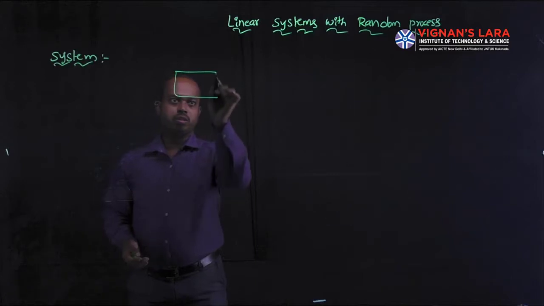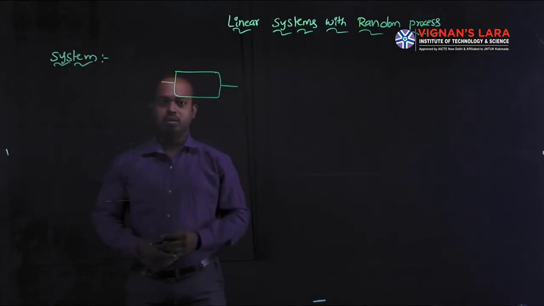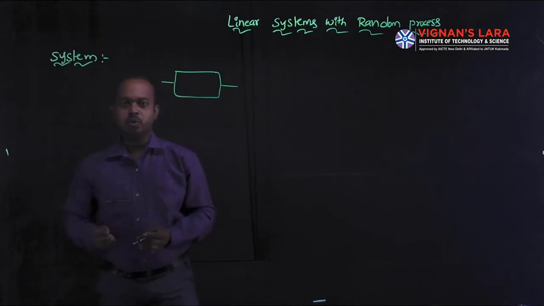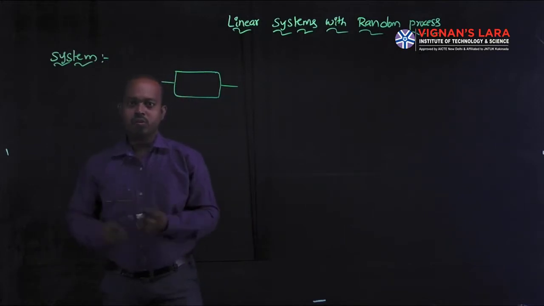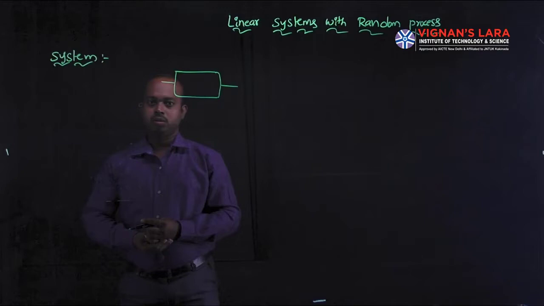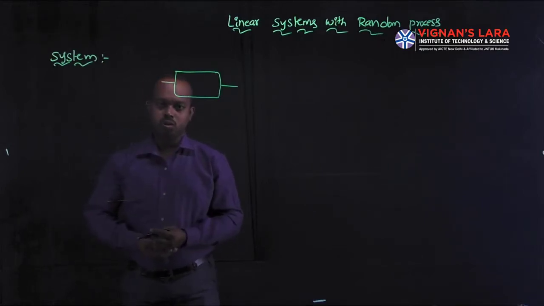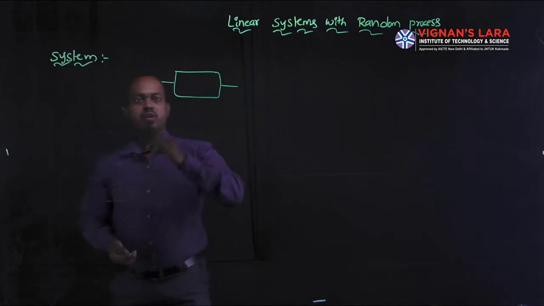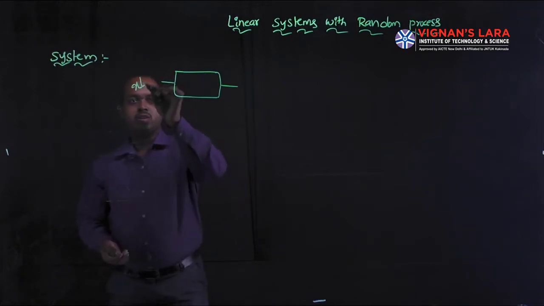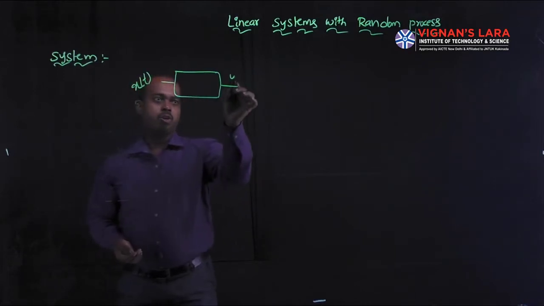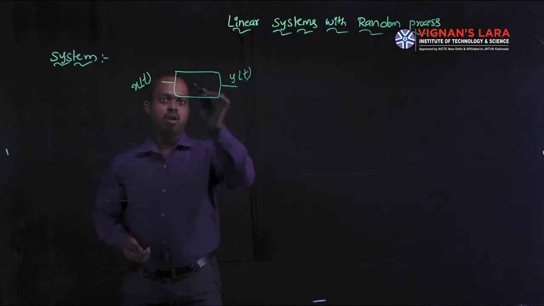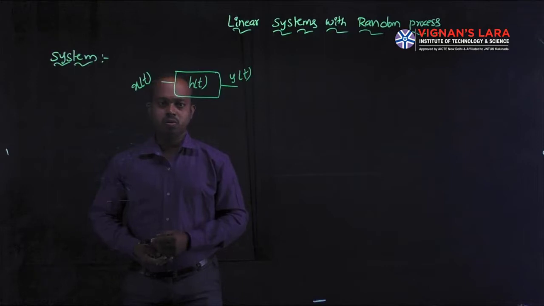We apply an input, the input is processed, and it delivers the output. That is called a system. Here I consider the input as x of t, the output as y of t, and the system function as h of t.